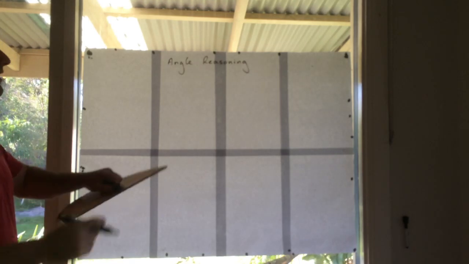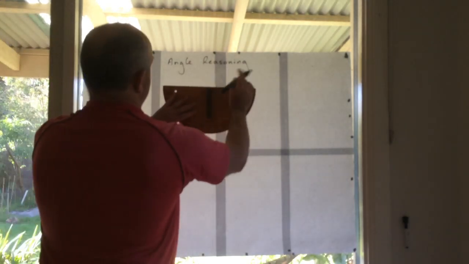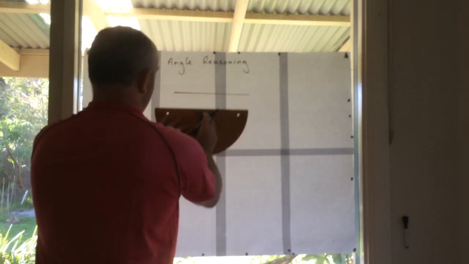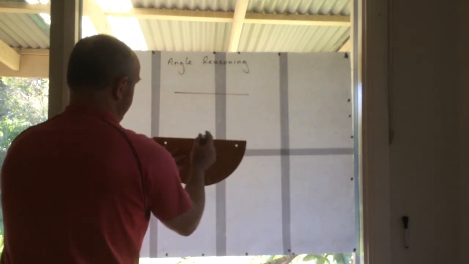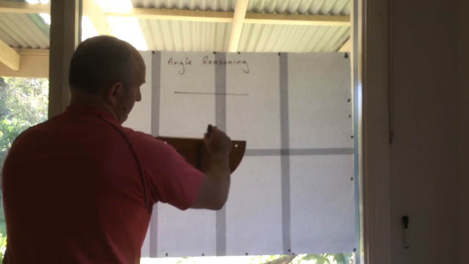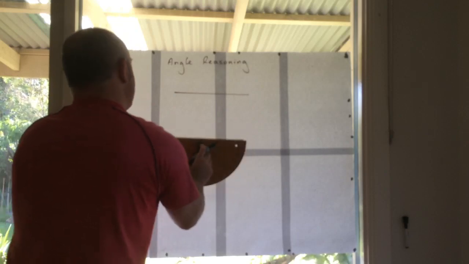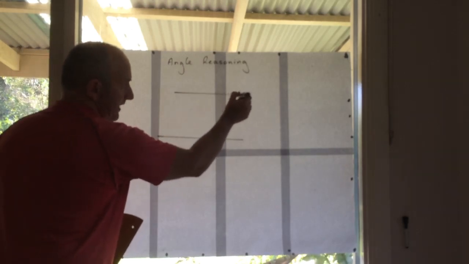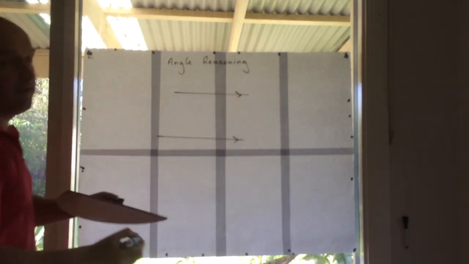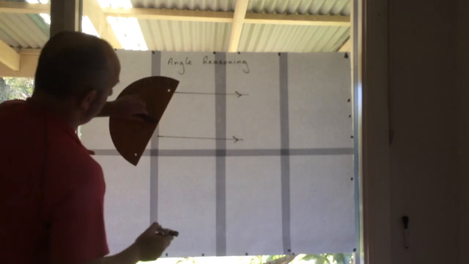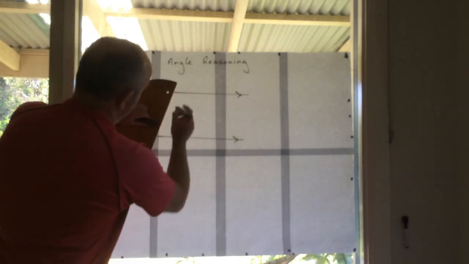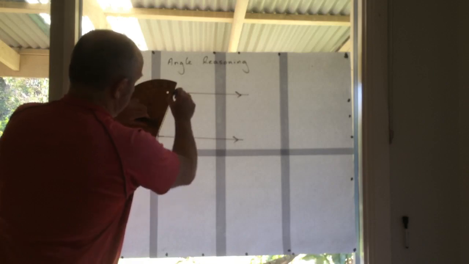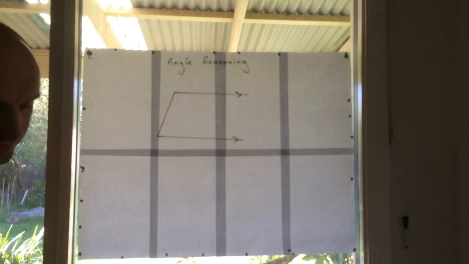The last angle we're going to do. It's this angle. We need two pairs of parallel lines. Yep, they're definitely parallel. I need a transversal. Okay, I need a transversal.